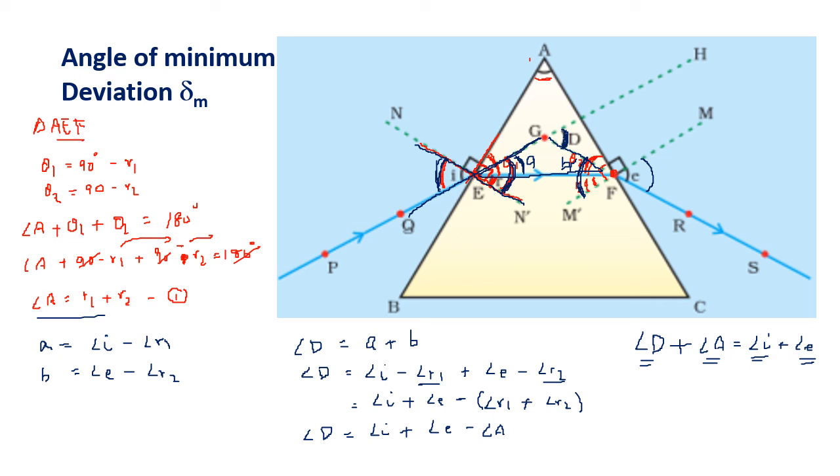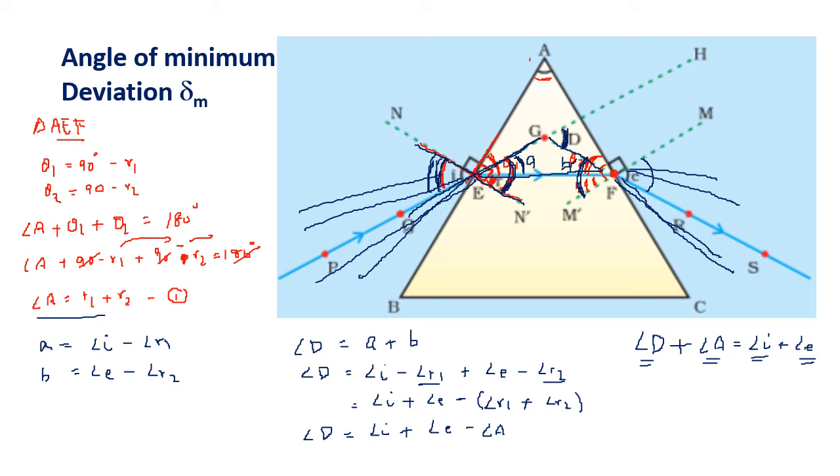Now, if I keep on increasing the angle of incidence, the angle of emergence will also increase. And if I decrease the angle of incidence, the angle of emergence will also decrease, but only up to a certain point. After that, when I decrease it further, it starts to increase again.